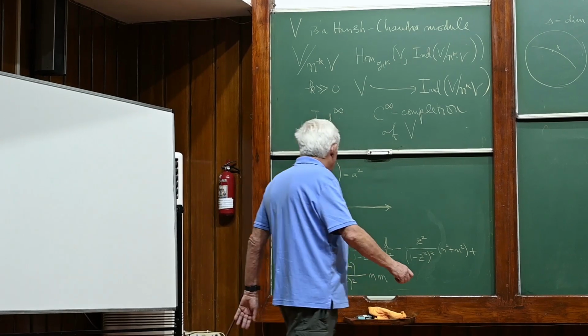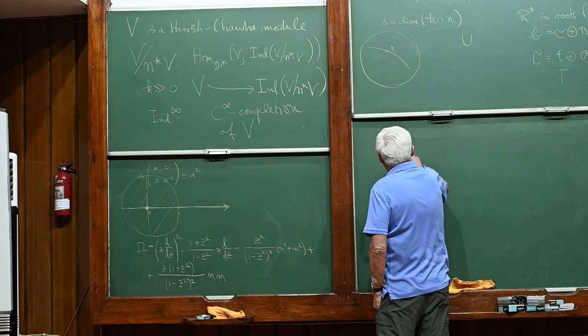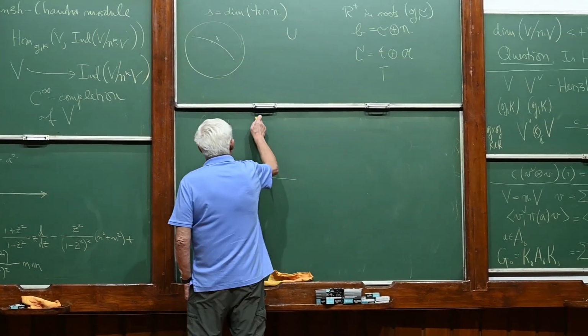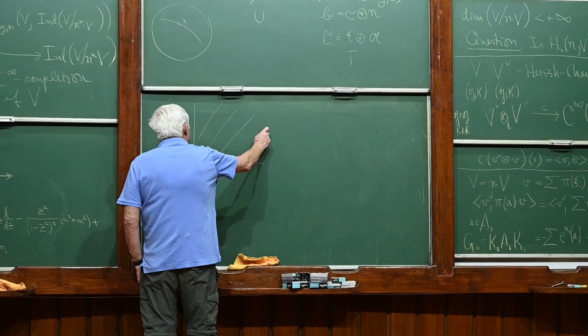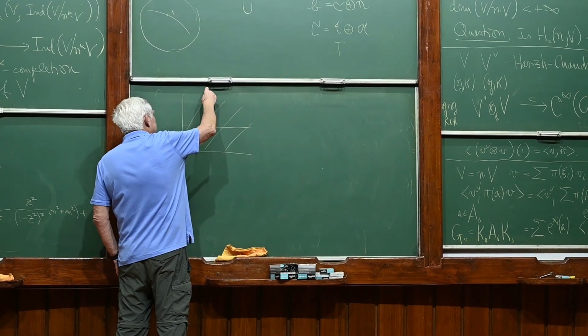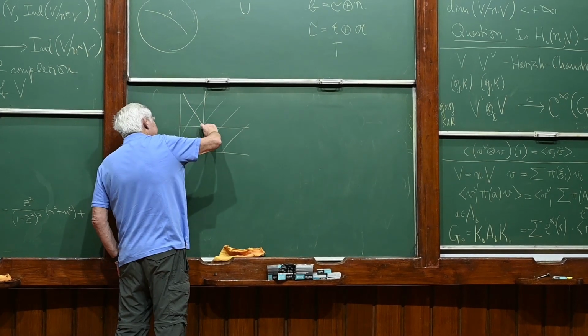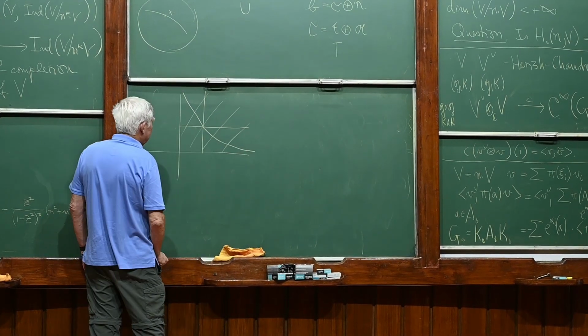If you look at this type of coordinate, say in the case of A2, then our A is this quadrant. One simple root gives you this, one gives you that, and the sum of simple roots for A2 gives you this.